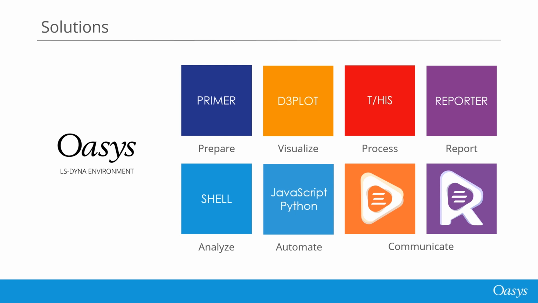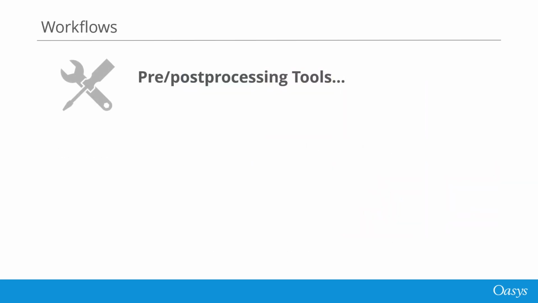We have D3plot Viewer, the web-based lightweight result viewer for communicating results. This is now joined by Report Viewer, which provides an easy and convenient way to share reports with 3D enabled content.